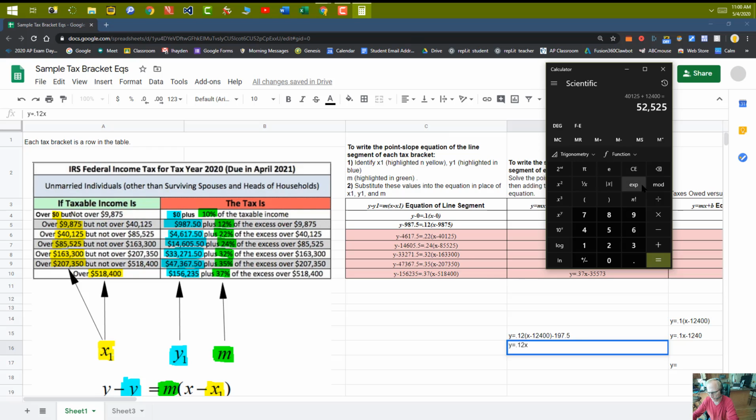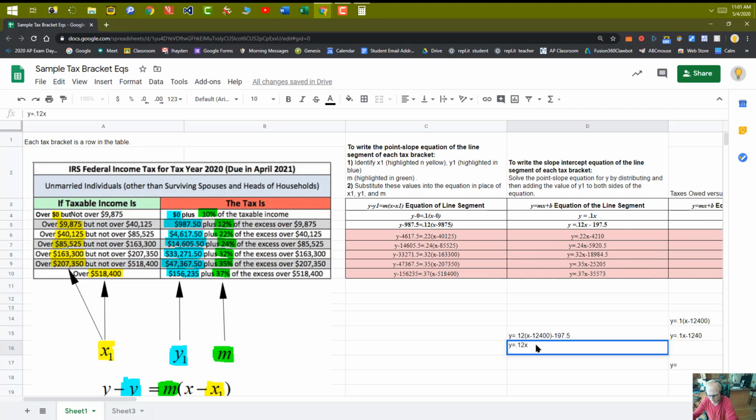So I'm going to go to my calculator. That's 0.12 times 12,400 equals, and then I'm going to change the sign on that, and then I'm going to subtract 197.5. So I get minus 1685.5.